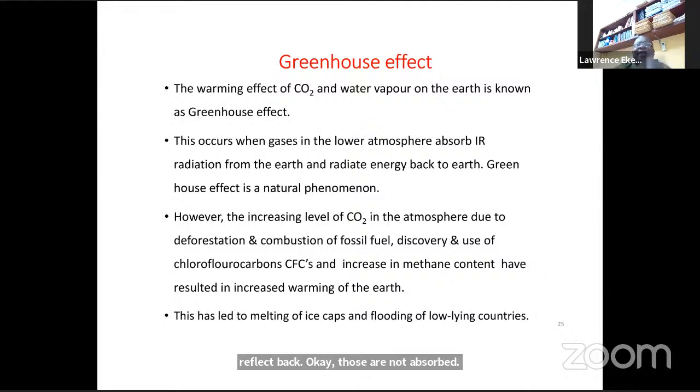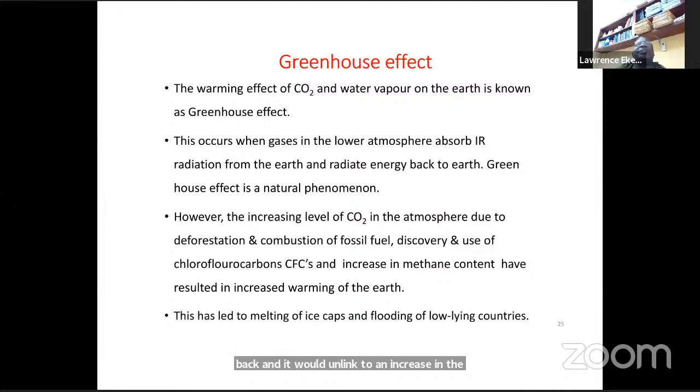And when it is reflected back to the Earth, it will lead to an increase in temperature. The carbon dioxide will form a blanket on this radiation that is being reflected back. The water vapor will form a blanket on this radiation that is reflected back, and it will now lead to an increase in the temperature of the environment.